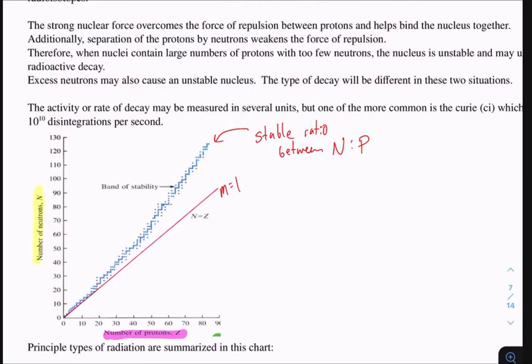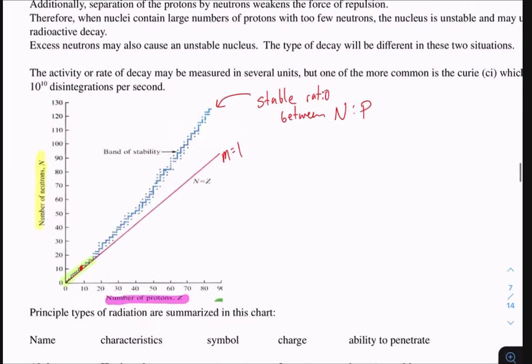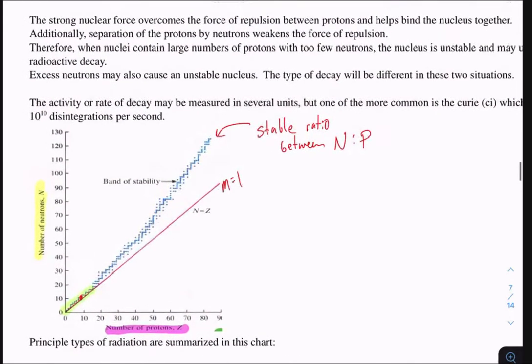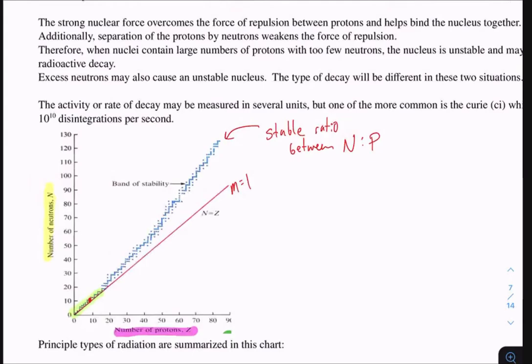So neon was atomic number 10. Atomic number 10 has about 1 neutron for every 1 proton. That is a slope of 1, and that should make sense because it aligns with the red line. If I were to say, what's the slope for that section right there? The slope here is 1 neutron for every 1 proton.